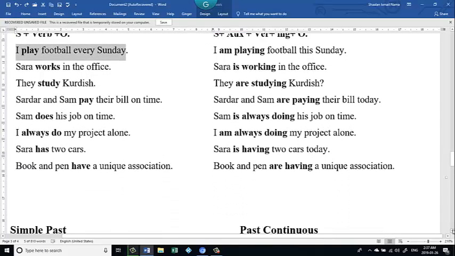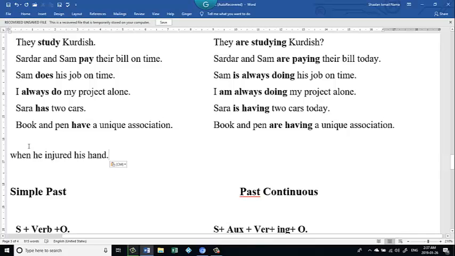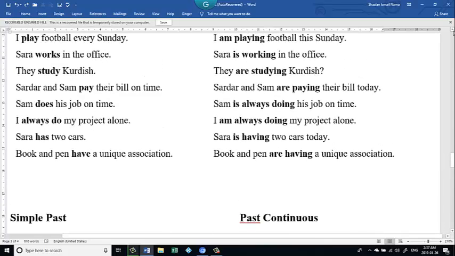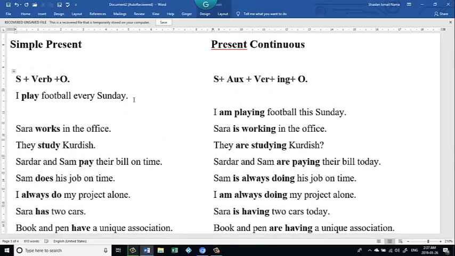Then I'm going to say, let's do it here. I played football every Sunday.